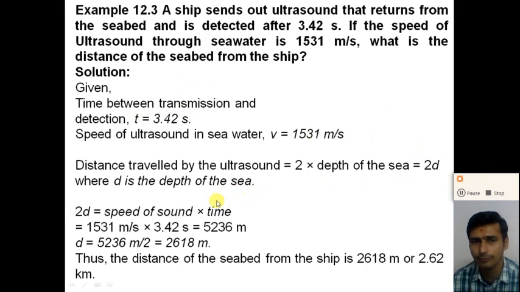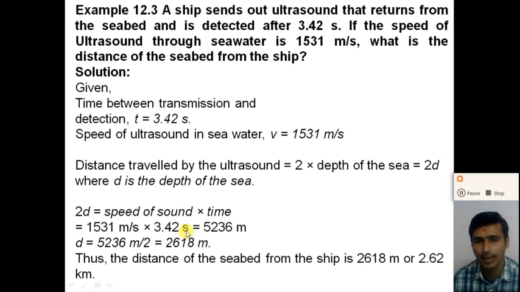So from that formula, the distance traveled by the ultrasound 2d is equal to the speed of the ultrasound multiplied by time. So here the speed of the ultrasound is 1531 meters per second multiplied by the time between transmission and reception, 3.42 seconds.